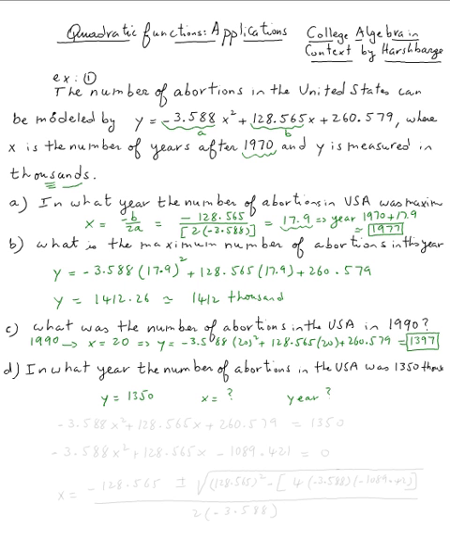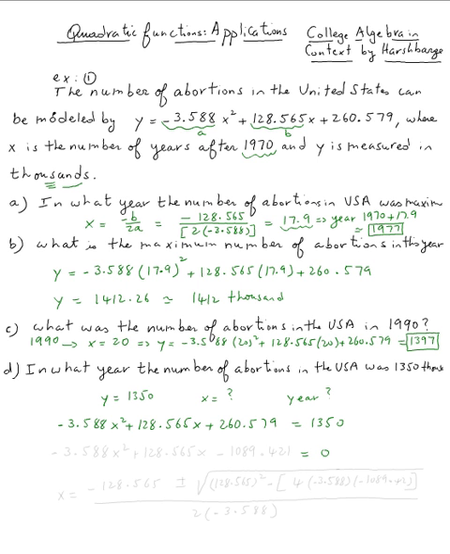In other words, negative 3.588x squared plus 128.565x plus 260.579 is the y value, and we want this to be equal to 1350, and we need to solve for x. So how do we solve for x? This is a quadratic function. We need to have a 0 on the right side, so we can use the quadratic formula. To get a 0 on the right side, we need to subtract 1350 from both sides.